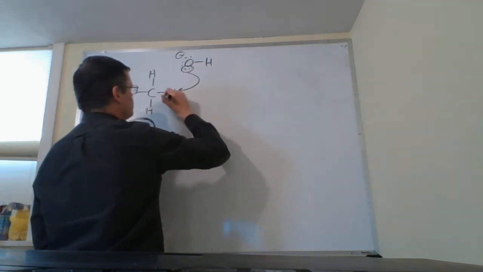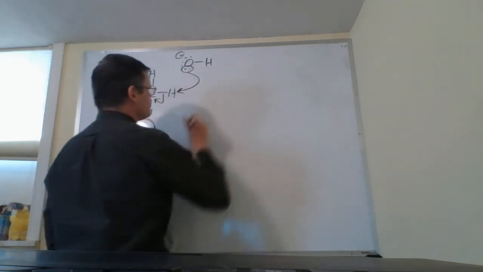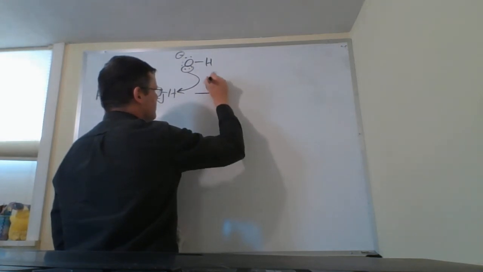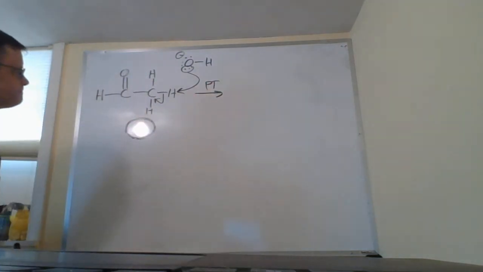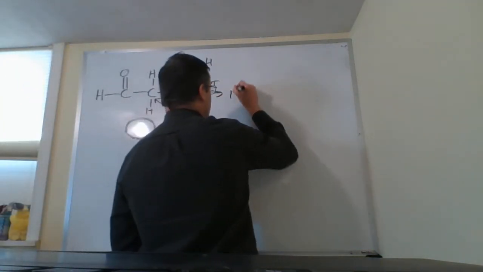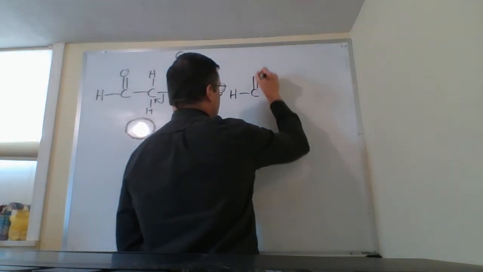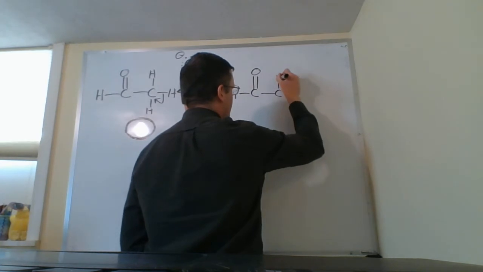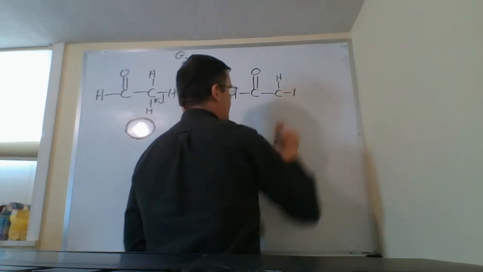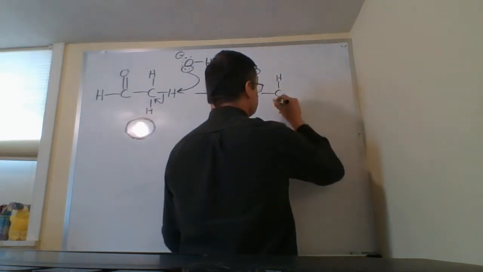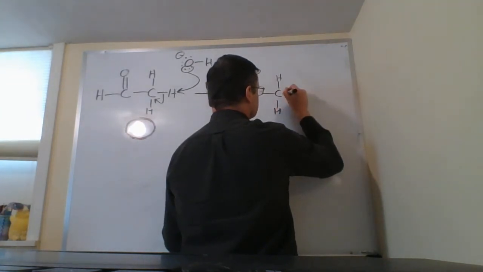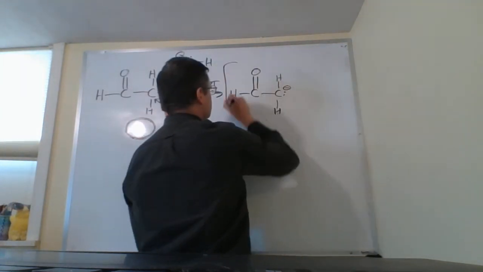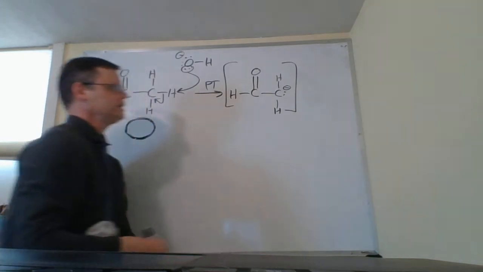And we are going to do a very familiar step, which is a proton transfer. And that makes this ion. This is our enolate ion.